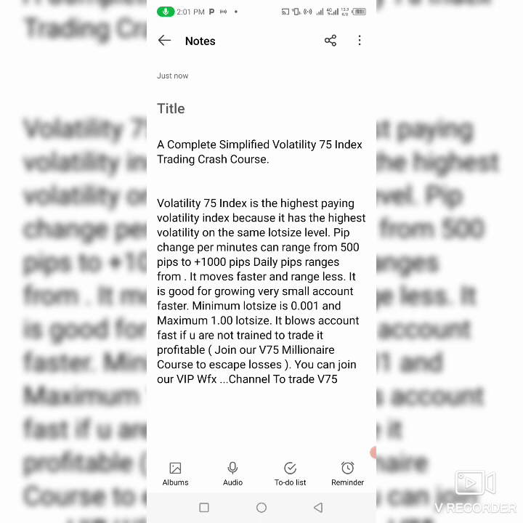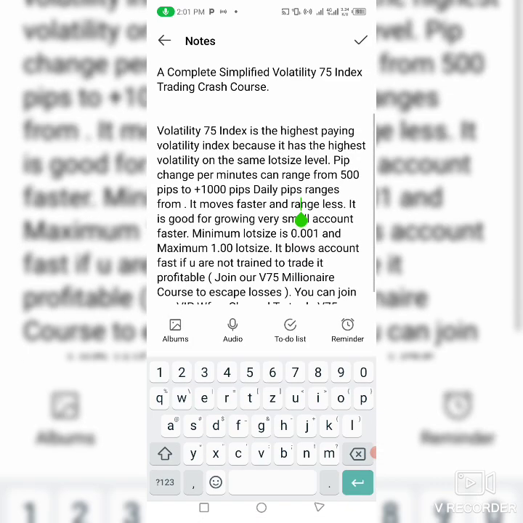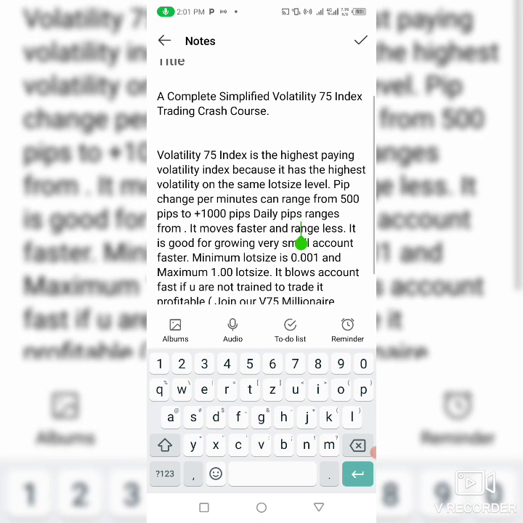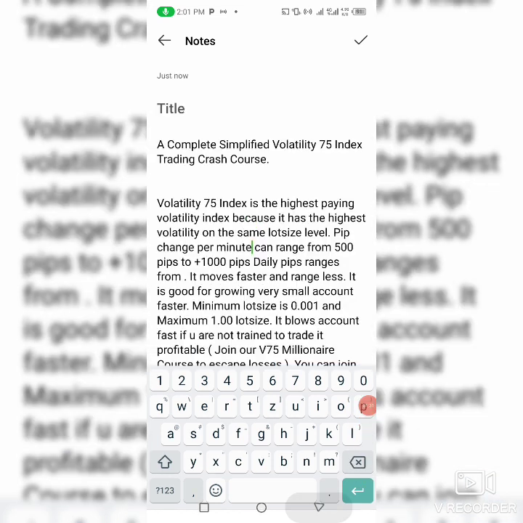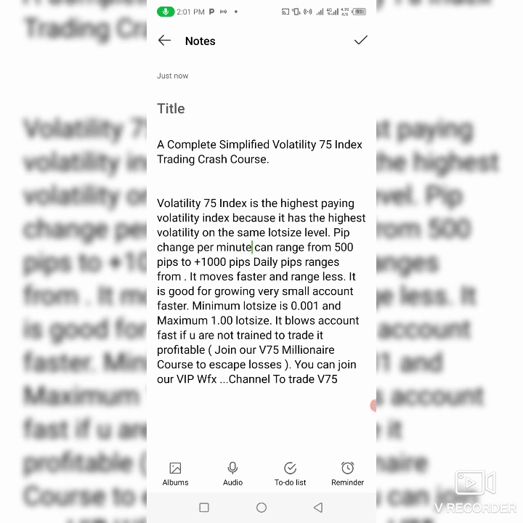It will make the highest losses or the highest profits. Pip change per minute can range from 500 to 1000 plus pips.